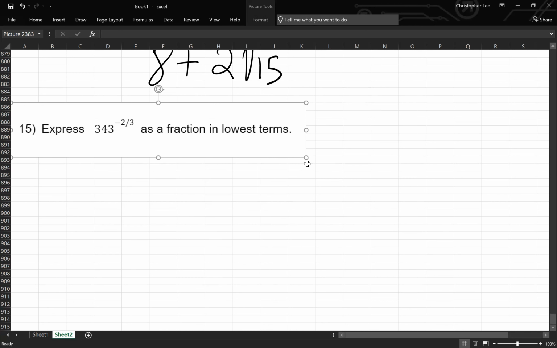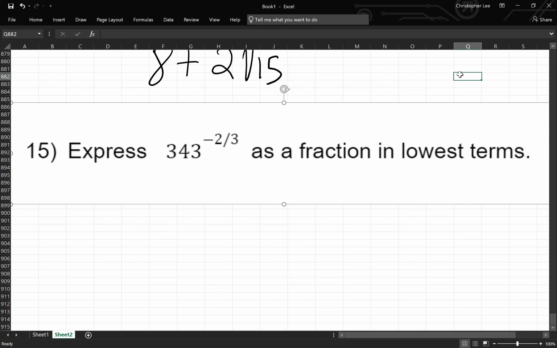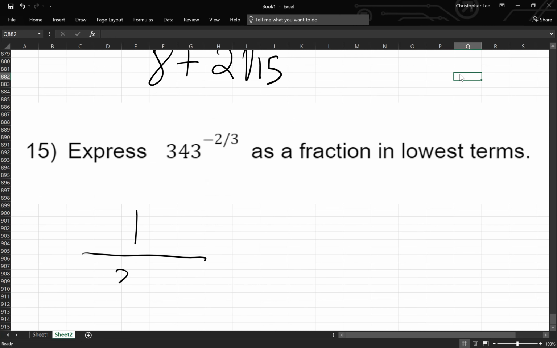How about this one? Not sure? Okay, right. 1 over what? 343 to the 2/3 power, right?